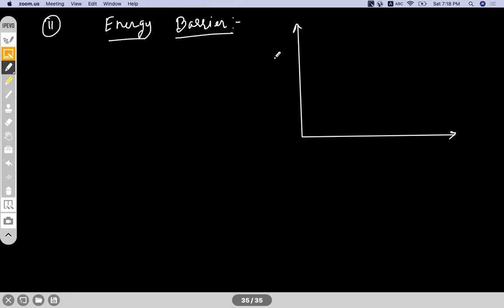This side we have the fraction of molecules on the y-axis, and this side we have the energy axis. Fraction of molecules and energy, right? So the graph goes like this.